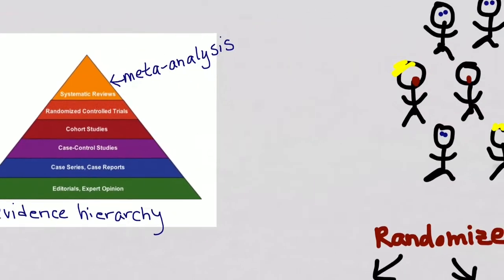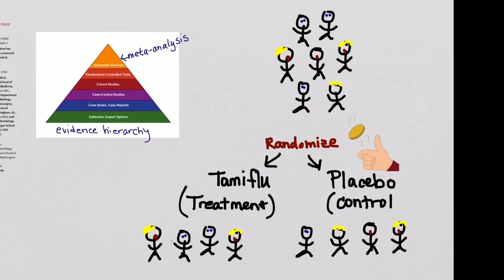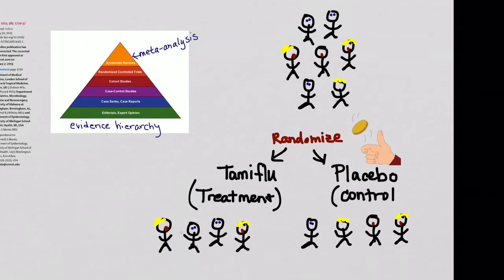So quickly, let's just talk about what a randomized controlled trial is so you understand. In the case of our paper, the analysis is combining multiple randomized controlled trials looking at the effect of Tamiflu on influenza in adults. So here are our patients.